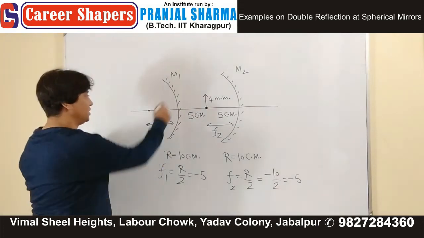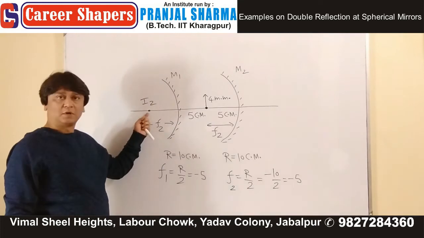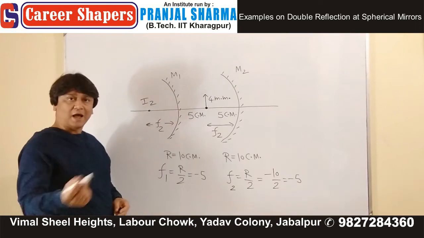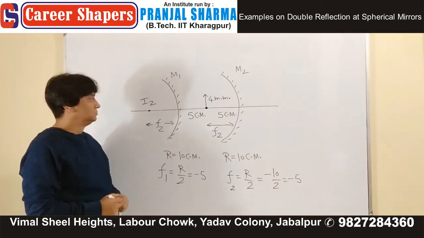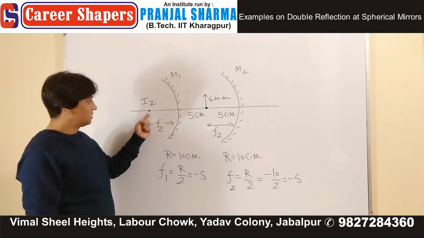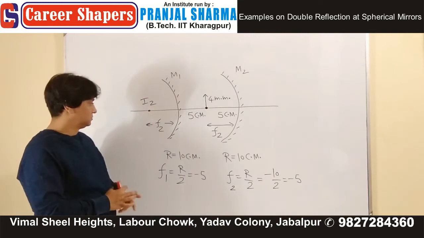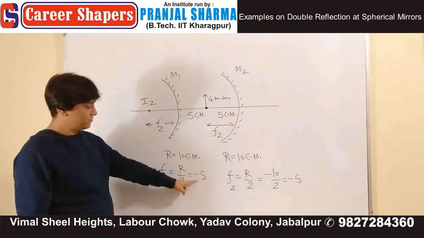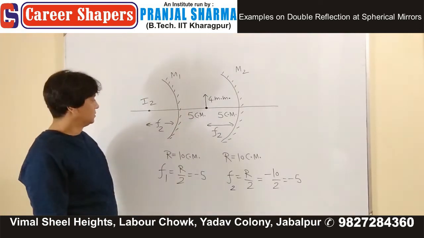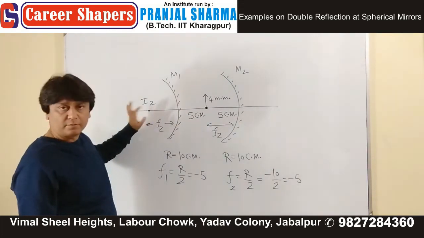And if they meet at infinity, we say that for M1 rays are coming from infinity, and final image I2 is going to be found at this position. Without any calculation, using simple statements, we have answered final position of the image at a distance of f2, which is 5, on the left side of M1. Don't get confused with I2.